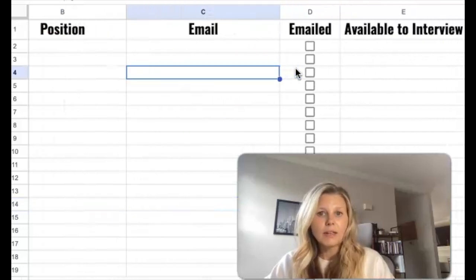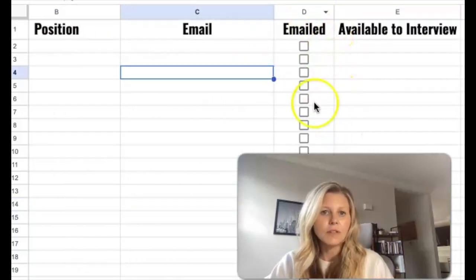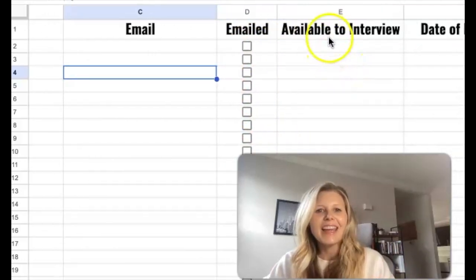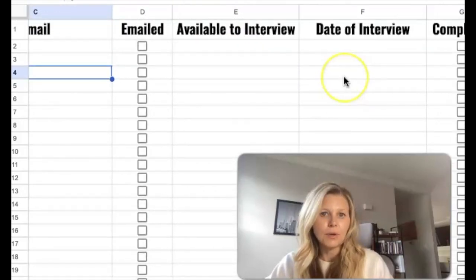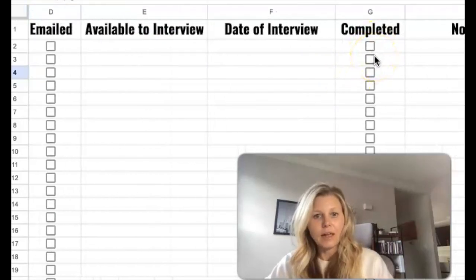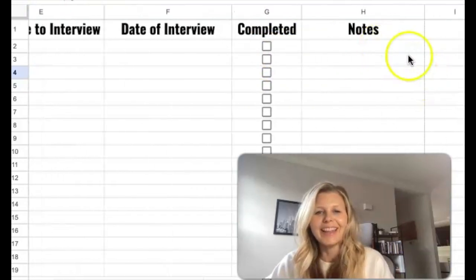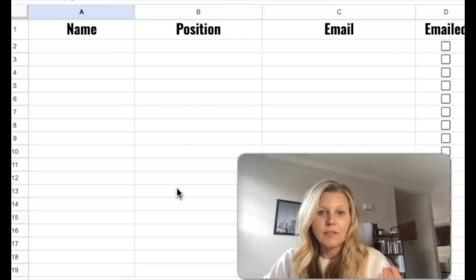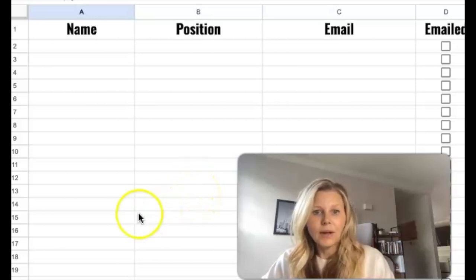Then their email address. And again, I love a good checkoff list, so once I emailed them, I gave myself a check. Then, were they able to interview? I would say yes or no. If it was a yes, then I put the date of the interview. And if I completed the interview, I gave myself another check mark, and then notes. That is just a template, and if it seems helpful to you, please go ahead and use it.